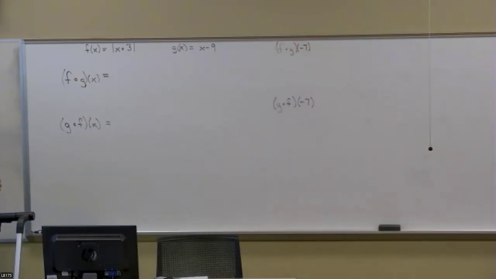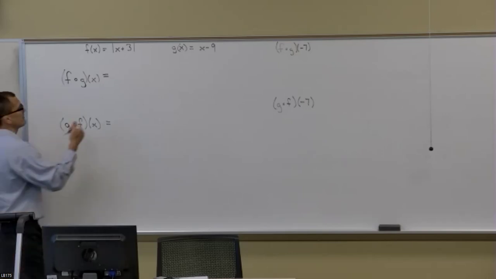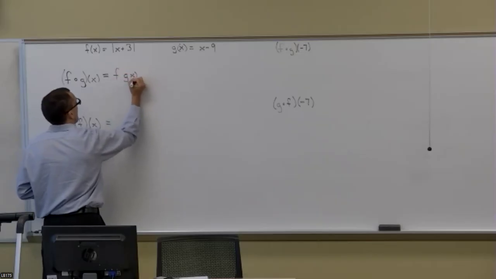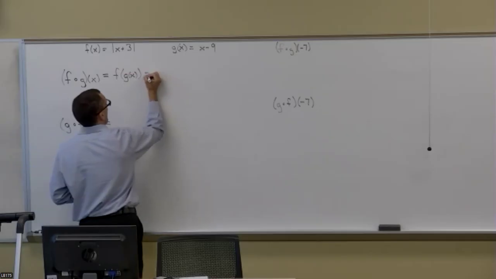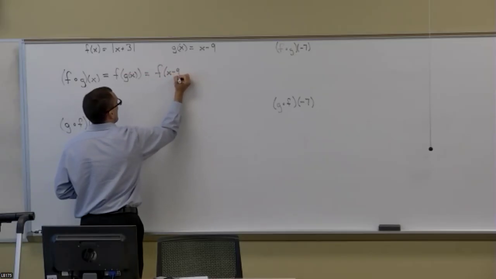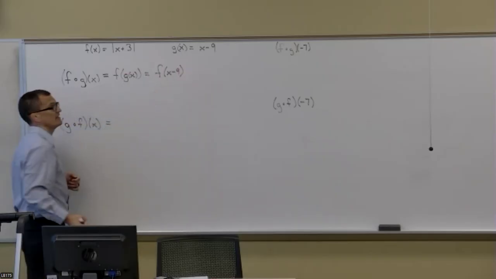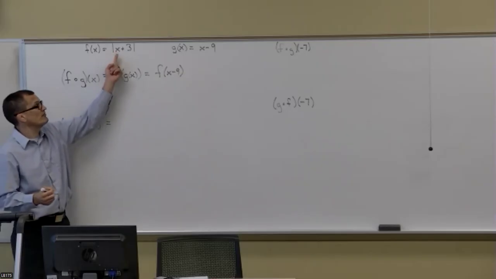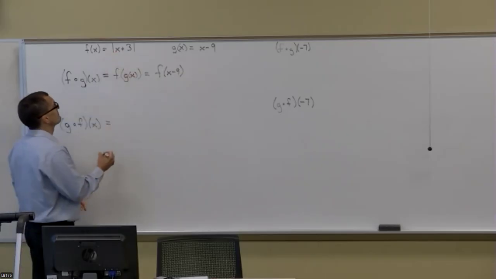All right, so let's go ahead and do this. I'm going to do the f of g of x first. If I do that, basically, I'm going to be plugging in x minus 9 into the function f. So I'm replacing my variable in f with the expression x minus 9.